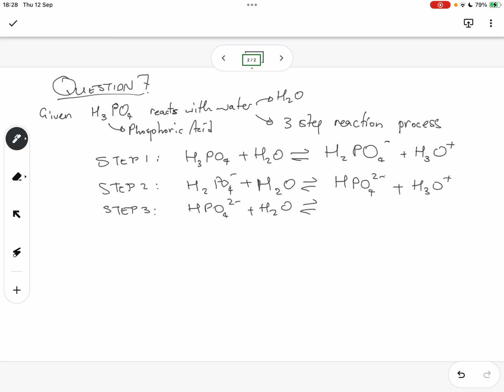It's a reversible reaction and it gives us a phosphate ion, PO4 3 minus, plus H3O plus, ne? So the first question, 7.1.1, ne? Why is H3PO4 a Lowry-Bronsted acid?